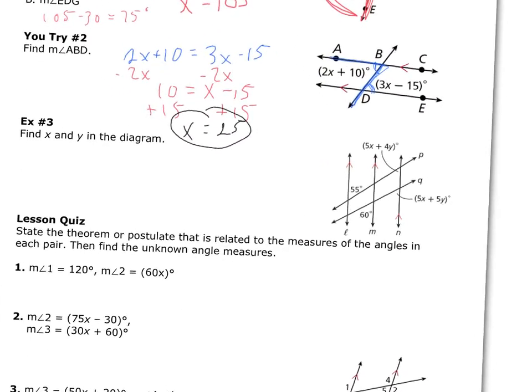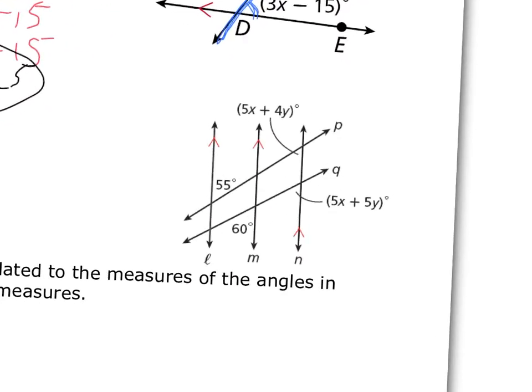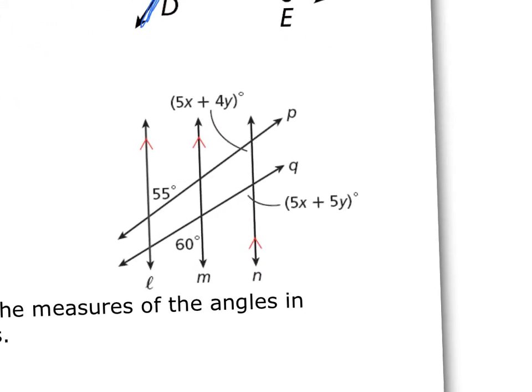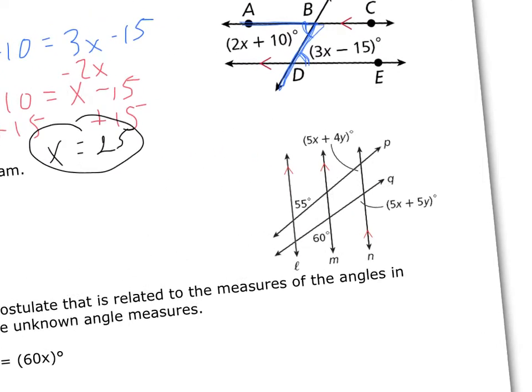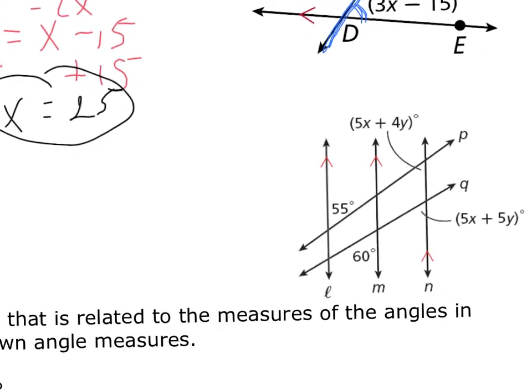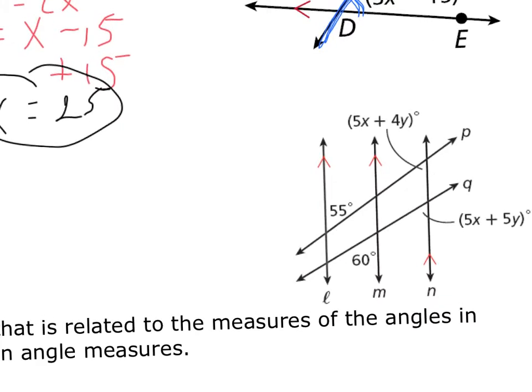Okay, we want to find x and y in this diagram. In this one, you're going to have to know your properties pretty well here. Okay, so the first thing you need to know is that 5x plus 4y is going to equal 55. Okay, well, why is that?